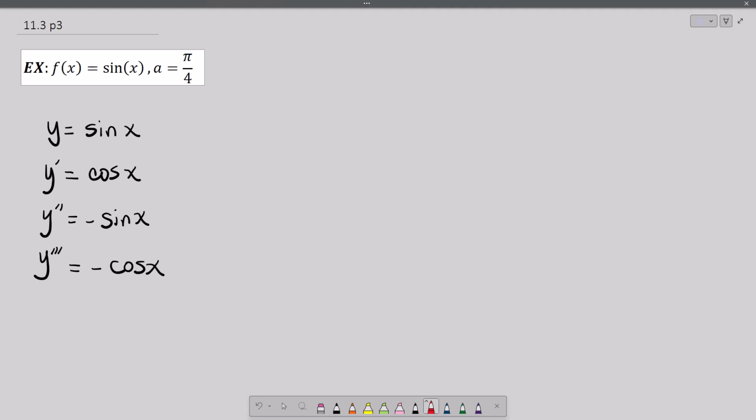So column 1, the function and its derivatives. Column 2, evaluate at pi over 4. And so what we see is that these coefficients are going to all be some sort of root 2 over 2, positive or possibly negative.